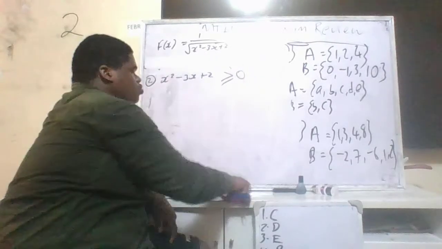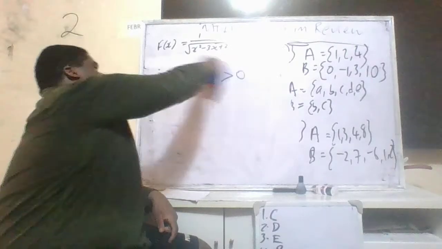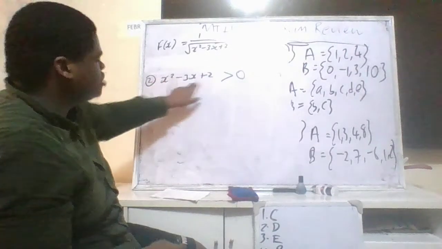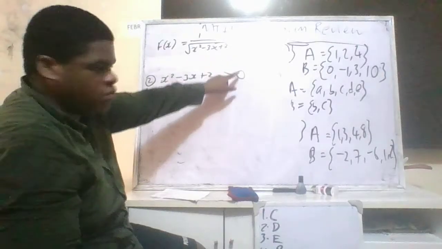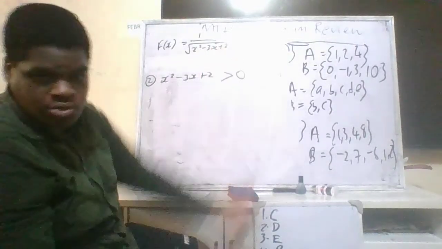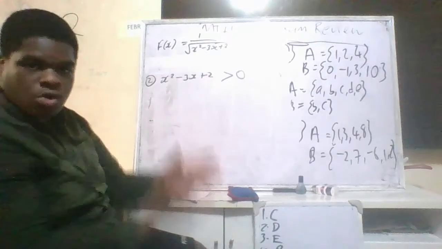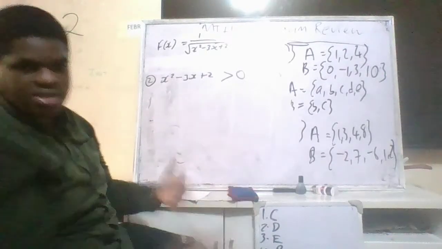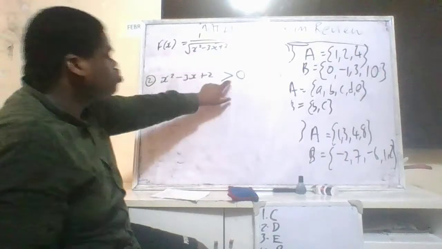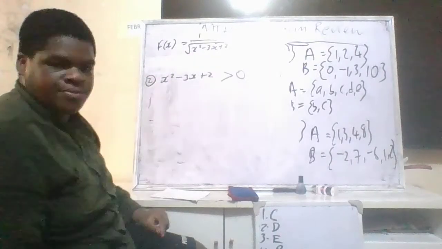The first case, we have x squared minus 3x plus 2 should not equal 0. The second case, we have x squared minus 3x plus 2 should be greater than or equal to 0. So since we have equal to 0 and not equal to 0, we can cancel them out and clean the equal sign. So we have x squared minus 3x plus 2 should be strictly greater than 0.